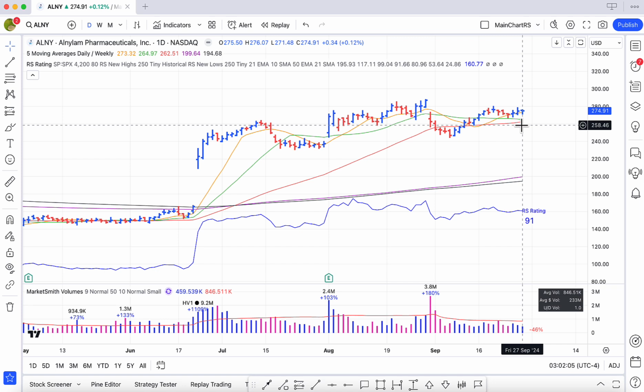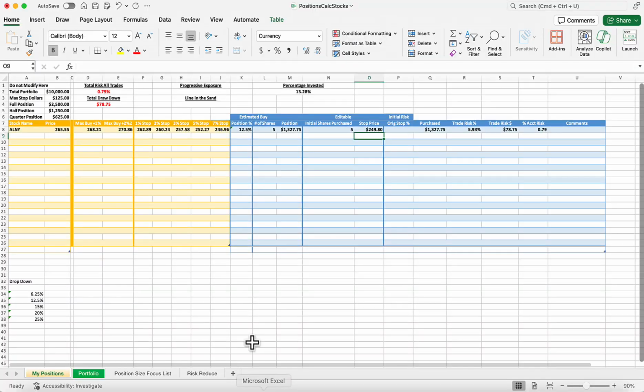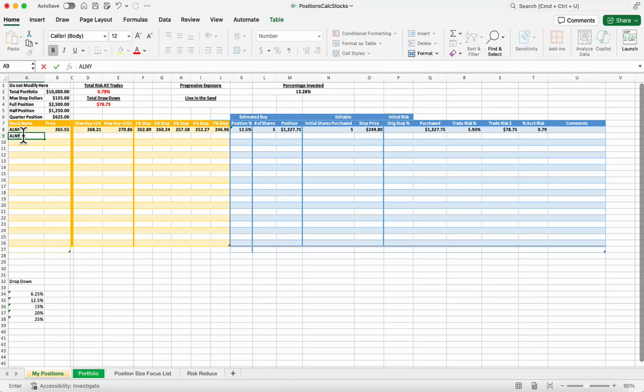So let's say I'm going to buy it above the high of this day, call that 276.10. So what I would do then is I would add the stock again at 276.10. And let's say I want to take another half position.